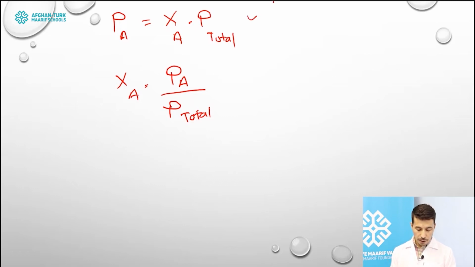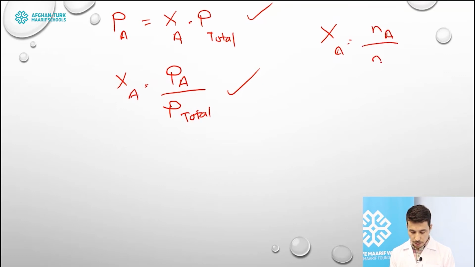We can use these equations to solve questions for partial pressure as well. If you remember, the mole fraction of A was the number of moles of A divided by the total number of moles of the mixture. This was the mole fraction.